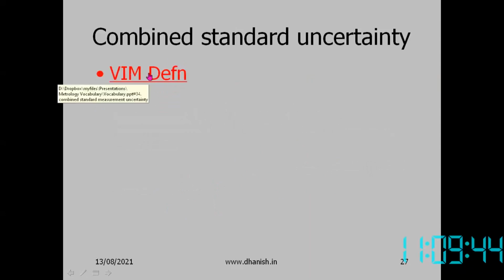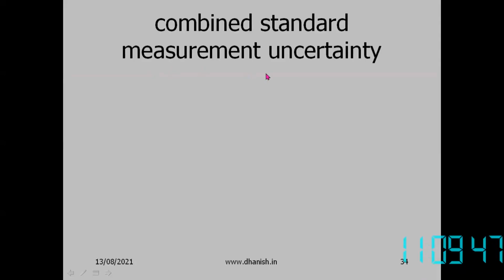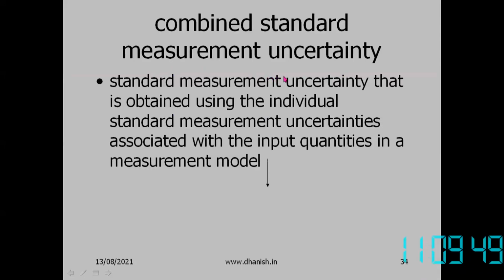This is a slightly difficult definition. Combined standard measurement uncertainty is the standard measurement uncertainty that is obtained using the individual standard measurement uncertainties associated with the input quantities in a measurement model. We know that any measurement uncertainty is caused by a number of sources.